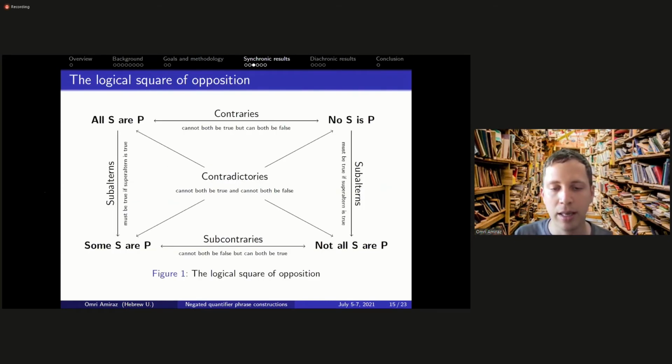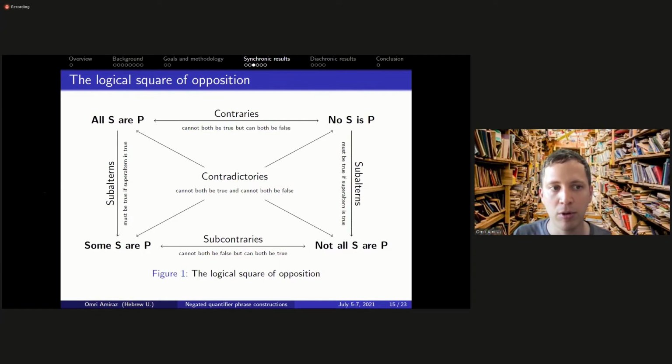And this lexical gap is interesting in the context of the logical square of opposition, which represents the relations between the 4 basic types of quantificational propositions in Aristotelian logic. So you have propositions like "all S are P," which is something like "all cats are cute." You have "some cats are cute," "no cat is cute," and "not all cats are cute."